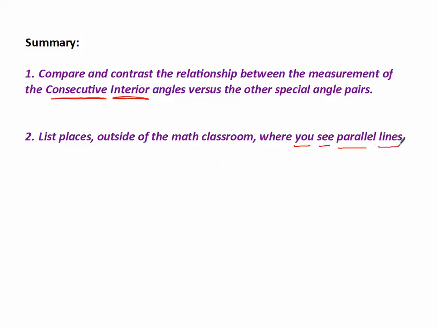Think about it and write down at least 2 different places where you see them. Be specific. For example, in the math classroom, I have a wall, and on the wall there are bricks, and the bricks have parallel lines as the sides of the bricks. You use your own example though.